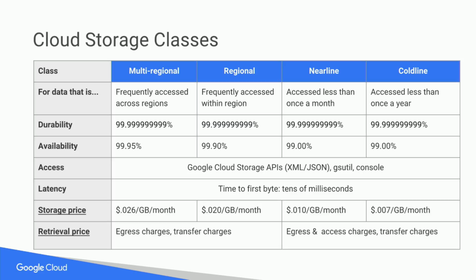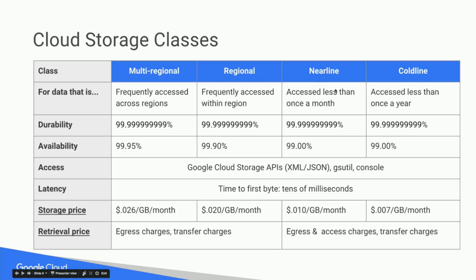If the Western region goes down, you can still read your data from the Central or the Eastern region. So you can see actually that the availability is better with multi-regional as opposed to regional. You also get a performance improvement in that because your data is in multiple locations throughout the United States, it's more likely that any given user will be closer to that data.